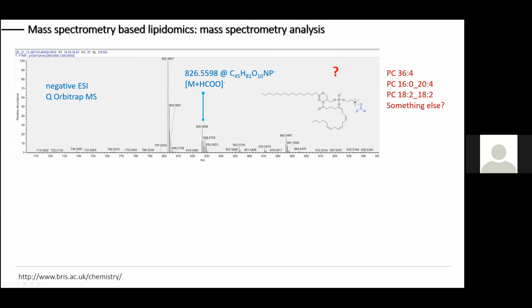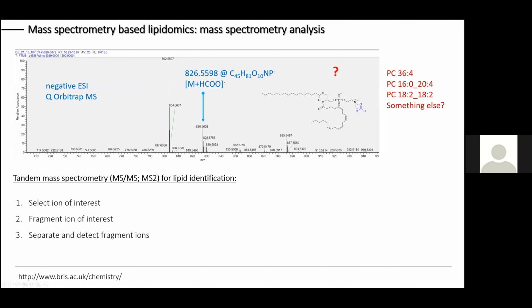But we have no idea whether it is this kind of phosphatidylcholine with the 16:0/20:4 combination of acyl chains, as in the picture, or maybe a PC lipid with 2 linoleic acids, or something else altogether. That means we have to do the next kind of mass spectrometry experiment, which is usually called tandem mass spectrometry, which we will use for lipid identification.